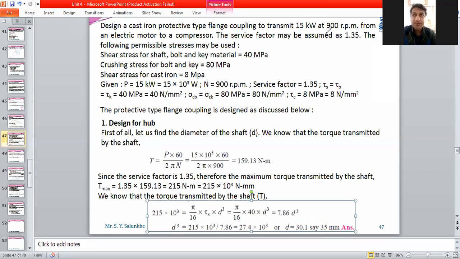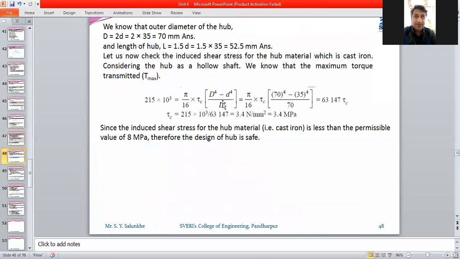We have seen this while solving various problems in this unit, such as design of shaft, design of key, design of hollow shaft, and the muff coupling. While solving the muff coupling problem, we saw how this approximation is done. So I hope you are understanding it. If you have any question, you are free to ask. Once you decide the diameter of the shaft, then you can decide the other dimensions of the coupling.